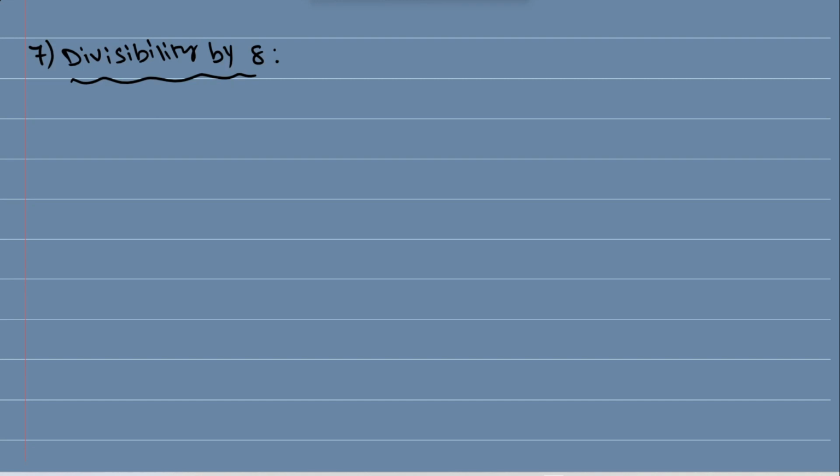Here, if the last 3 digits of a number are divisible by 8, then the whole number is divisible by 8. Okay, I will write it down here.